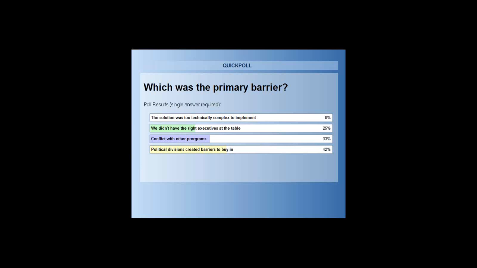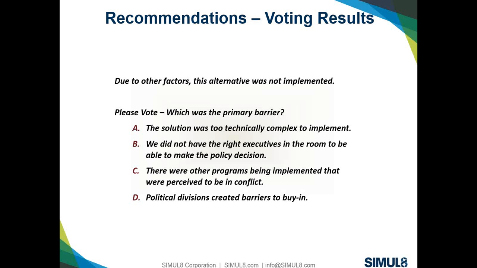On the others, we have 25% who said we didn't have the right executives at the table, and 33% had conflict with other programs, and 42%, not a clear winner, but a winner, is that political divisions created barriers to buy-in.